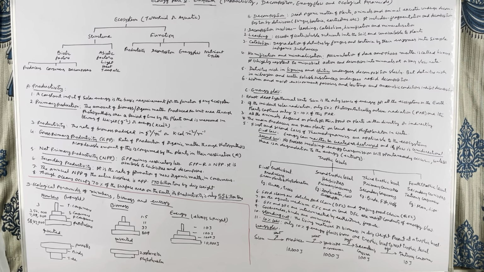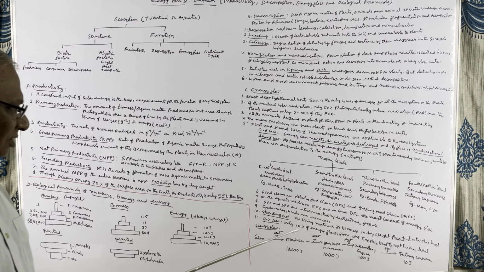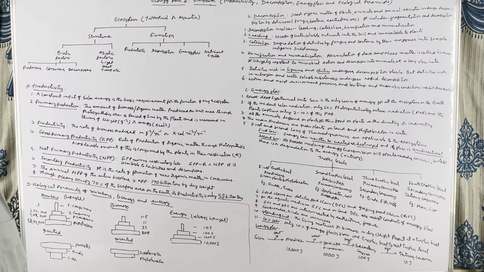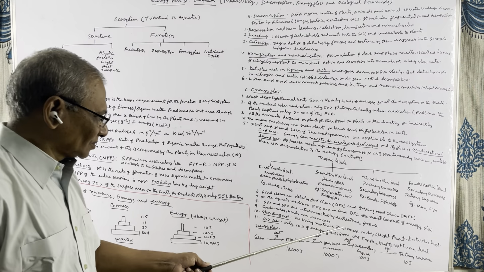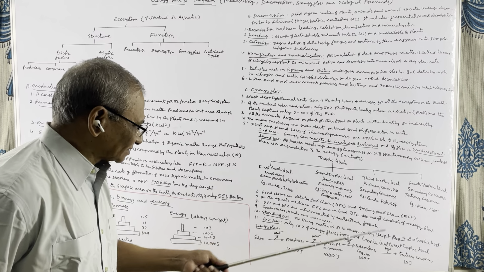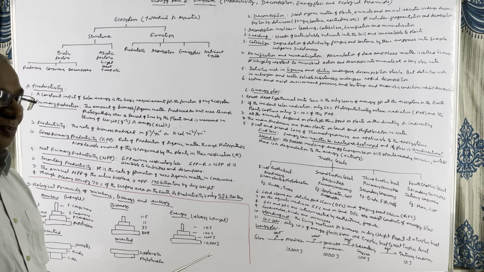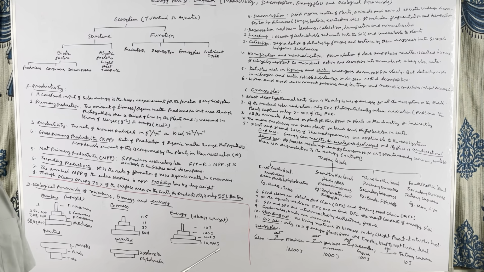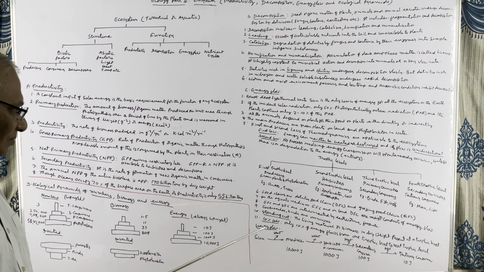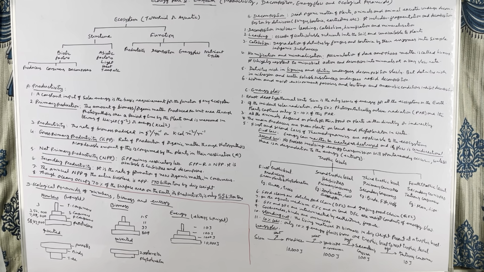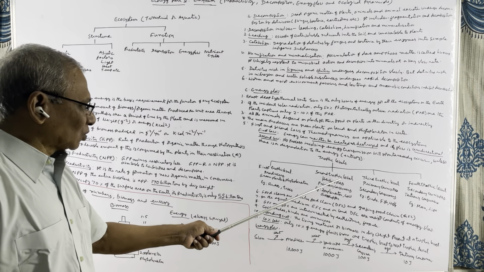Then, some animals link both the grazing food chain and the detritus food chain. These are earthworms. Earthworms come under both the grazing food chain and the detritus food chain. And similarly, fungus. Like that, there are so many organisms that become a part of both. Then some organisms are both herbivores and carnivores.